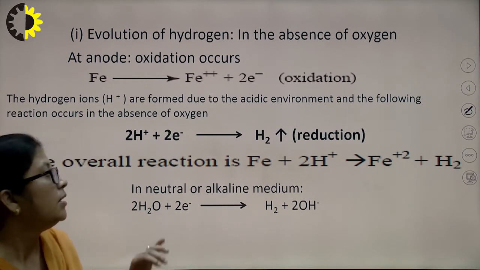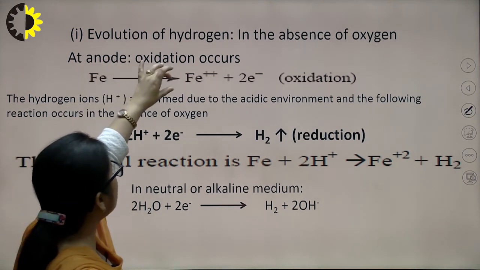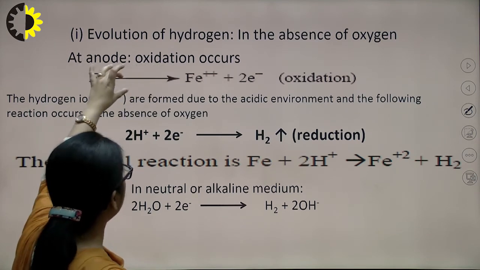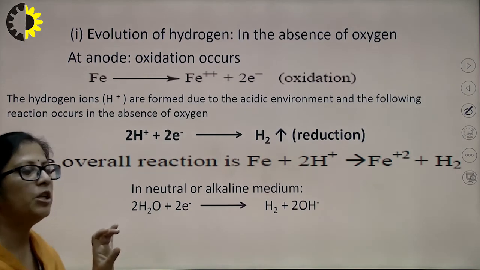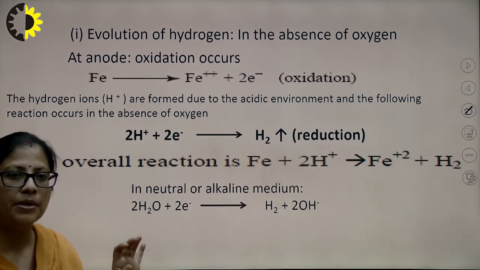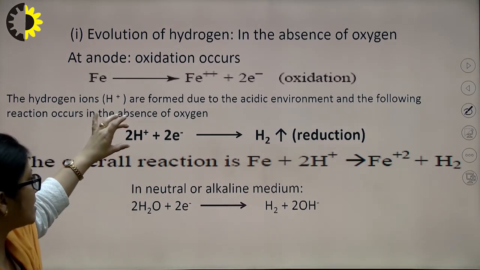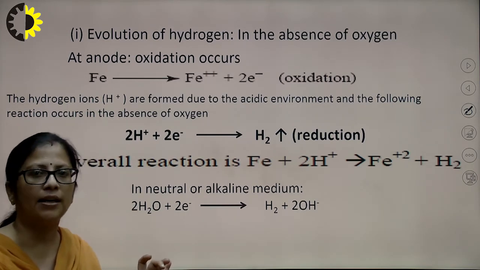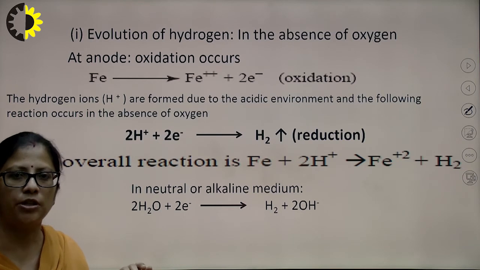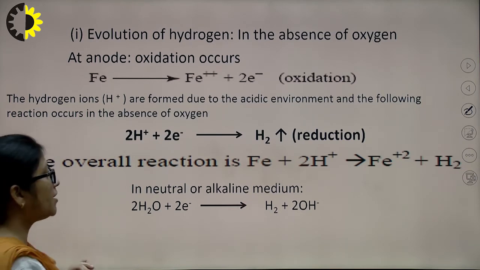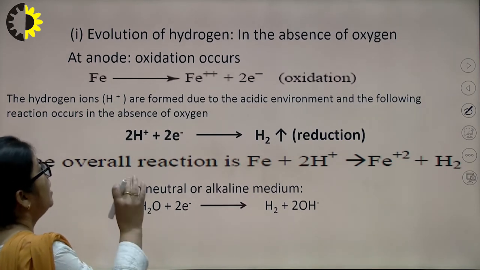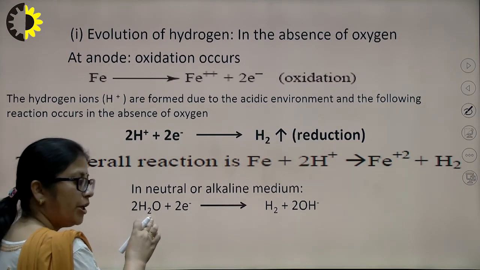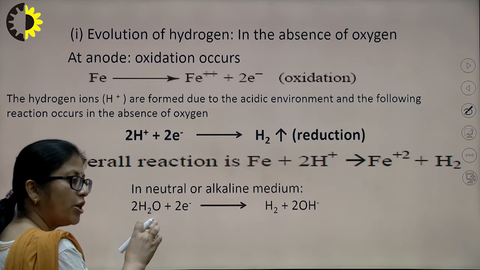But the anodic reaction is going to remain the same, while the cathodic reaction will change according to the medium. This reaction is taking place in the acidic medium, but if our medium is neutral or alkaline and there is absence of oxygen, then the reaction that is going to take place at the cathode involves the water, the moisture, because this reaction is taking place under moist conditions.